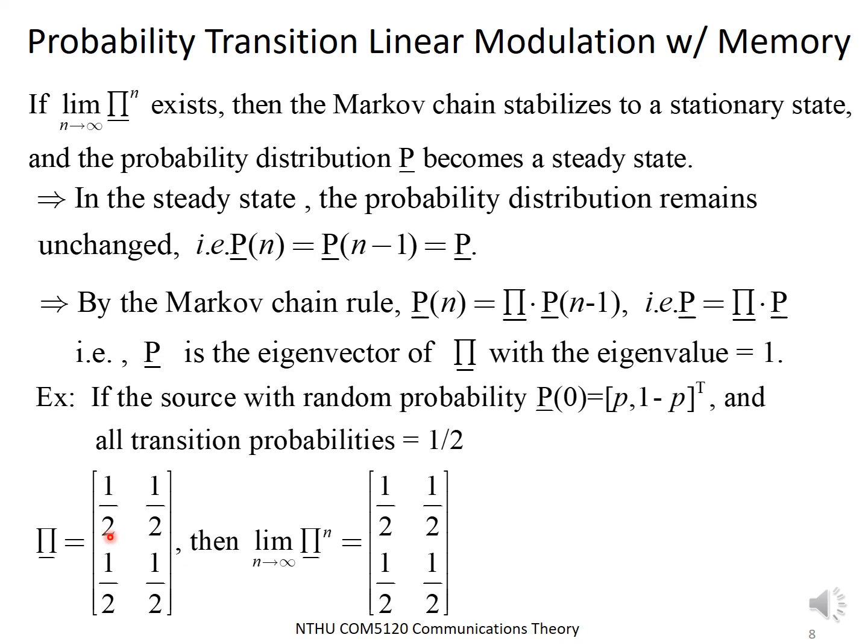And so any transition has probability 1 over 2. Then we can easily verify that the product of this transition matrix would always remain the same, 1 over 2 all the time.